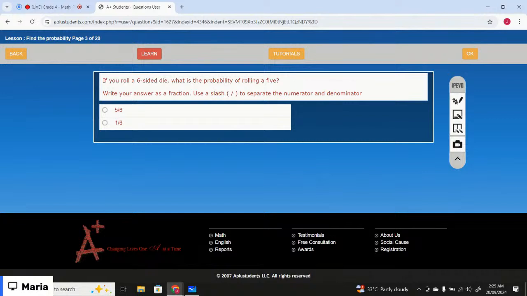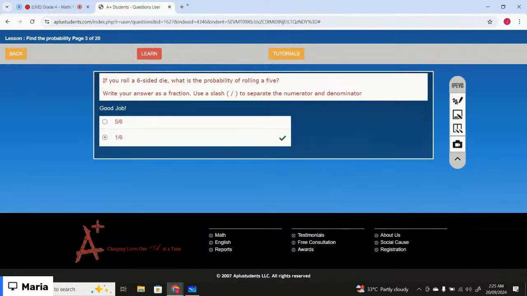The correct option is 1 by 6. When you roll a die, you have only one possibility out of 6 to get 5. So 1 by 6 it is.